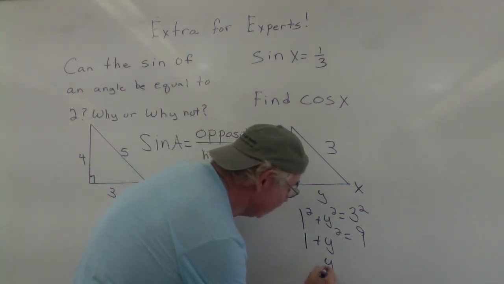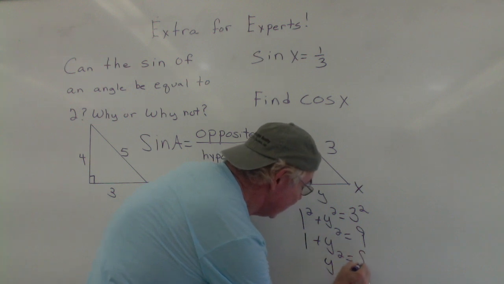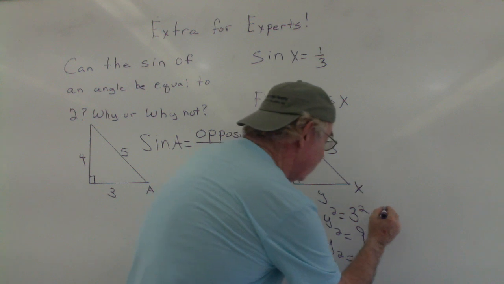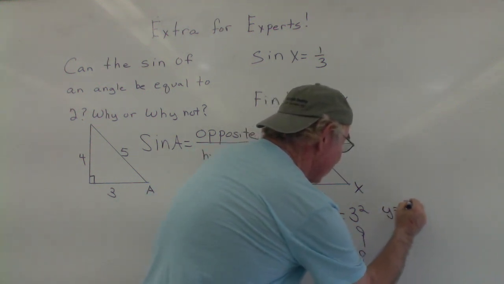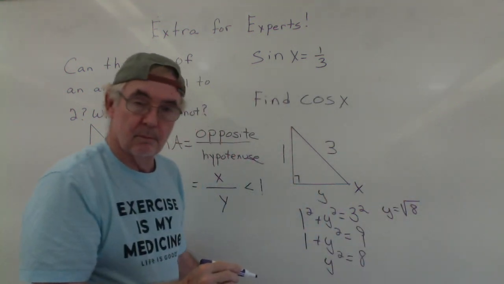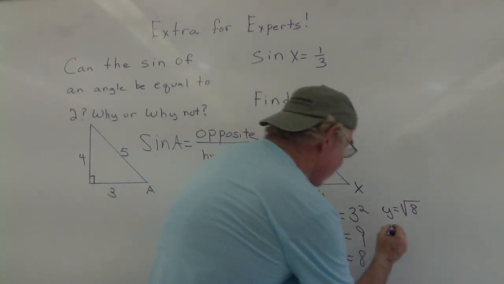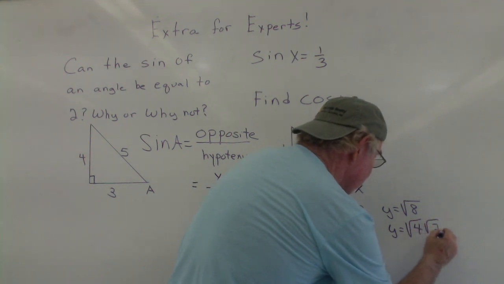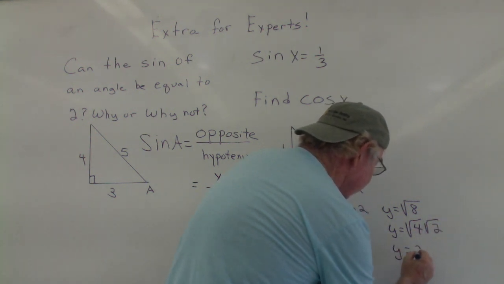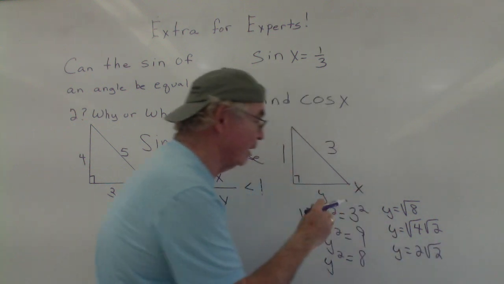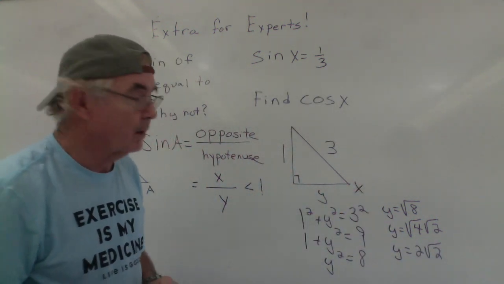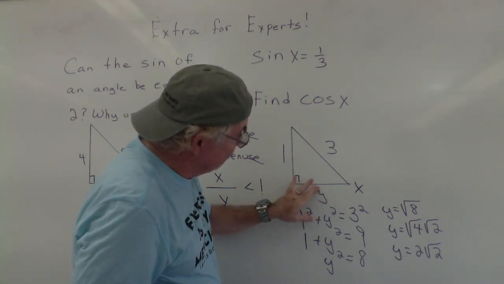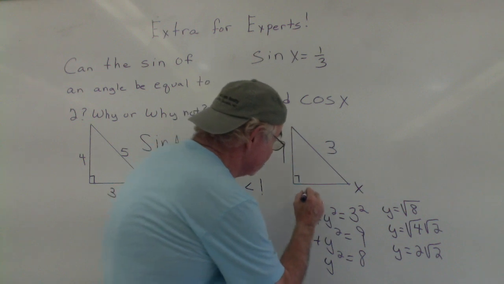Subtract 1 and we get y squared is 8, and then we take the square root of both sides, and we have the square root of 8, which breaks down to the square root of 4 times the square root of 2, which simplifies to 2 roots of 2. Hopefully you have learned that. So this side y is now going to be 2 square roots of 2.